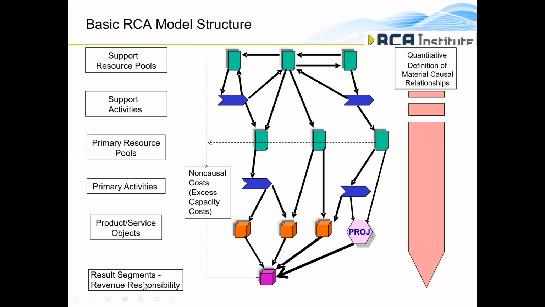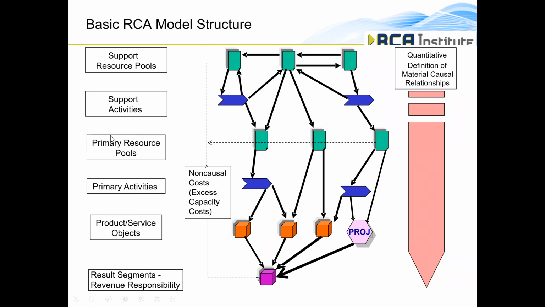Down at the bottom, we have what we call a results segment, or kind of a P&L for some component of the business. In this particular case, we have 3 products and a project that are the products or services produced by this group of resources.